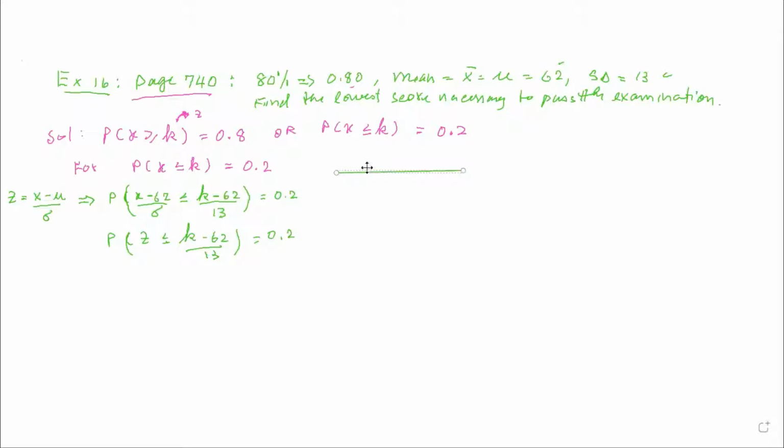This one is Z, and you lead down to 0.8, and then you see the area for 0.2.